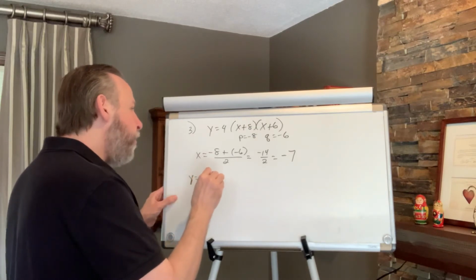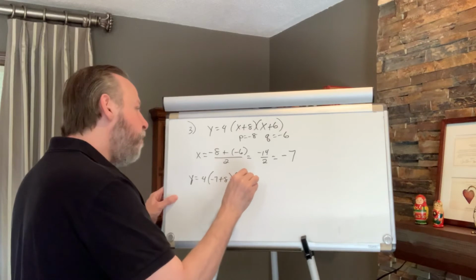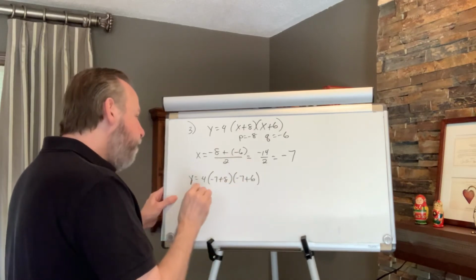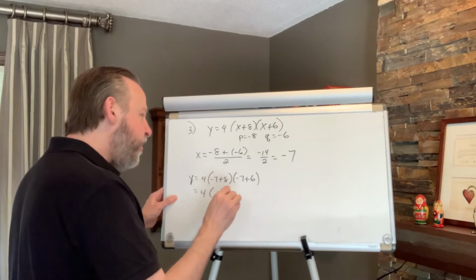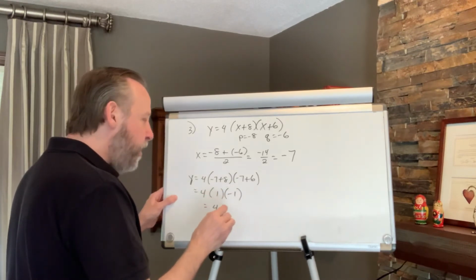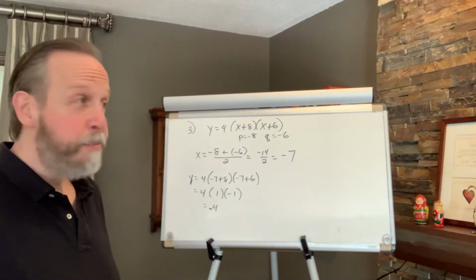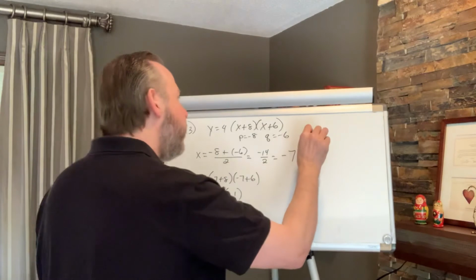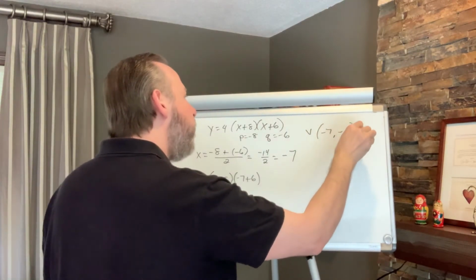So we got 4 parentheses, -7 plus 8, parentheses, -7 plus 6. -7 plus 8 is 1. -7 plus 6 is -1. That is 4 times 1 times -1, that's -4. All right, my vertex has been identified at -7, -4.